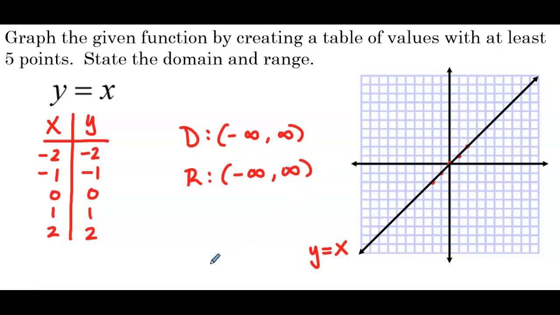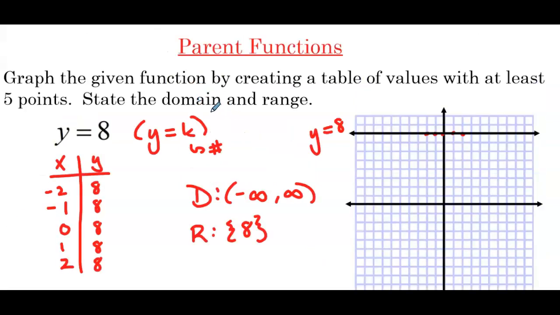So there we have our next category of functions, which are linear functions, where there's a slope and a y-intercept. Okay, so we can classify these as linear. And I can go back to that first slide. These are constant functions.